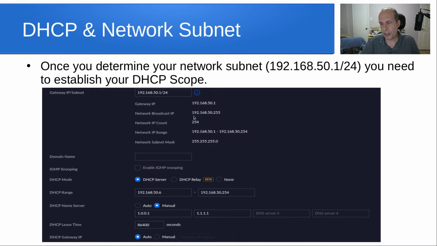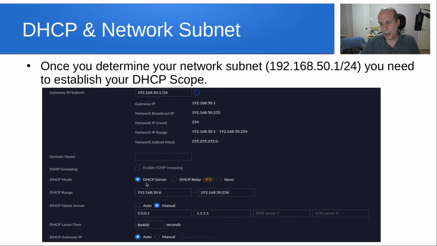The broadcast ID is always that network ID, 192.168.50, ending in 255, because the way that TCP/IP version 4 communicates is through broadcasts. And then the network IP node count, in this case, with that subnet mask of /24, gives me 254 nodes. So therefore the range is from 50.1 to 50.254.